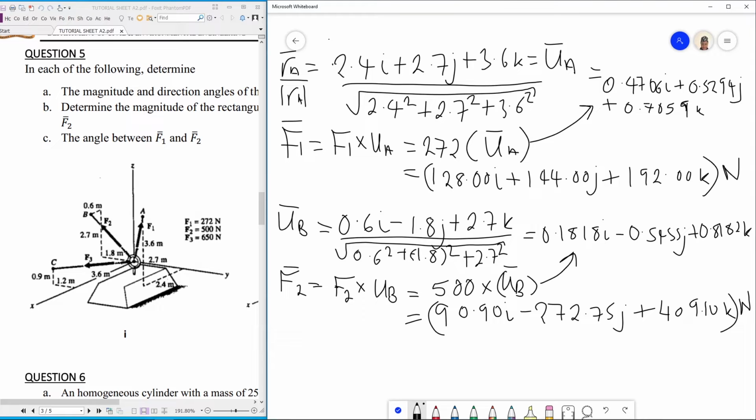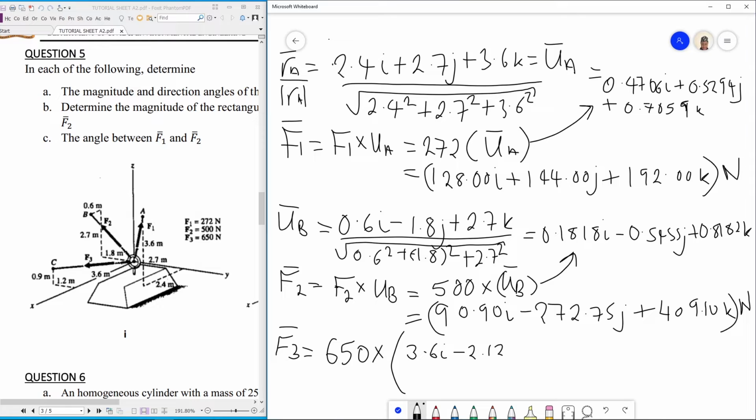Okay, we'll do the same for F3. So we are saying F3 as a vector is equal to the magnitude of F3, which is 650, multiplied by the unit vector, which in this case is 3.6 I. That's the position vector, minus 2.12.